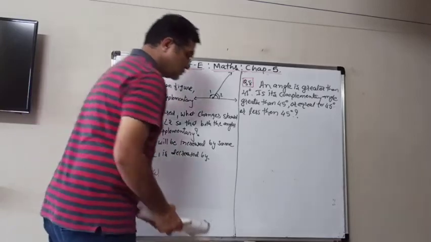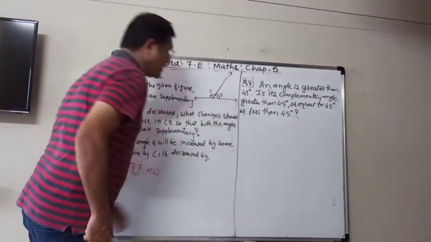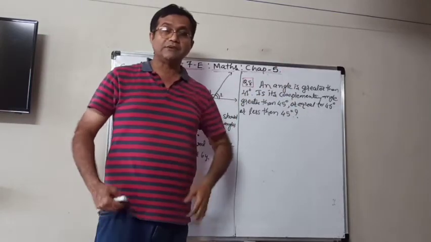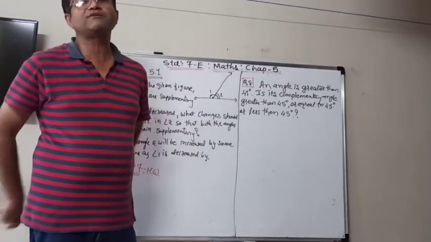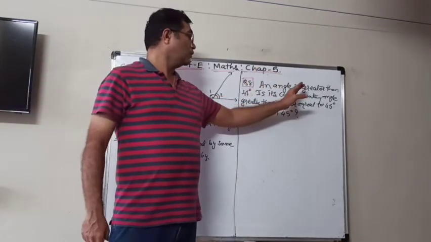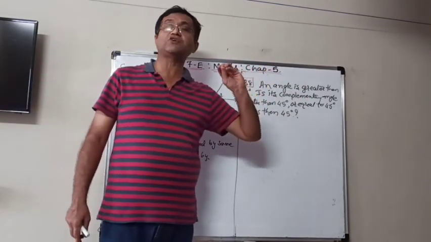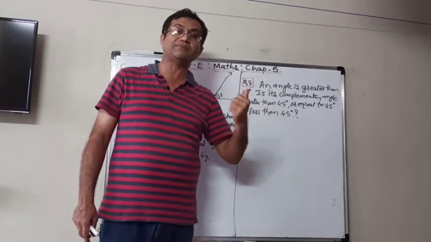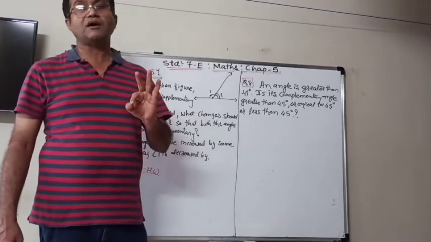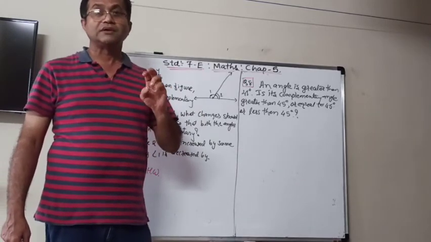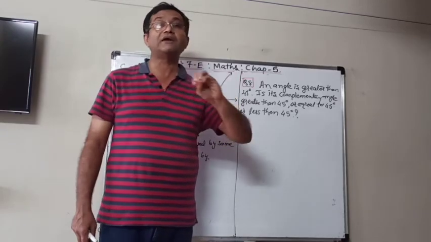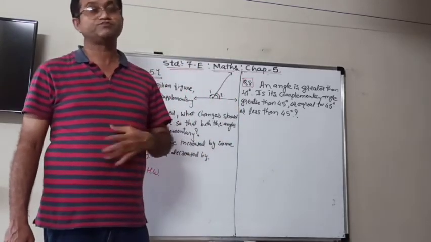So here the angle is greater than 45 degree. Means the value of the angle is more than 45 degree. So now we have to decide whether the complementary of that angle, which is greater than 45, the value of that will be either greater than 45 degree, less than 45 degree, or equal to 45 degree.